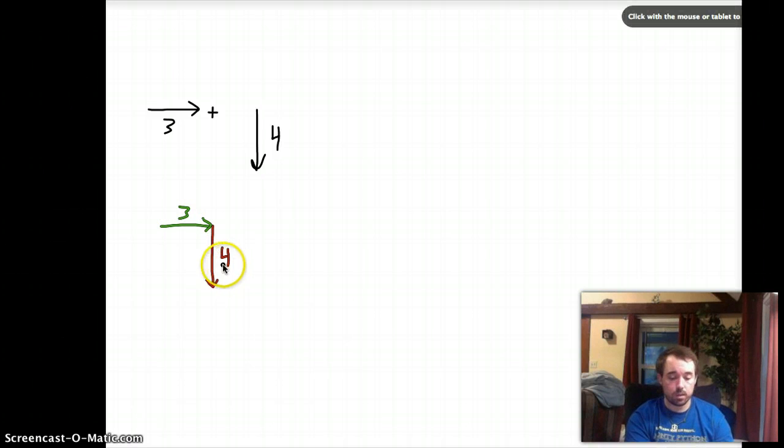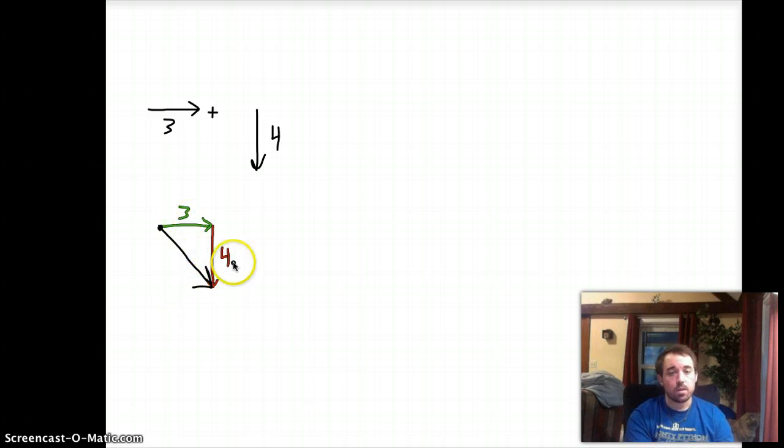So our result, once again, our resultant, start at the tail of 3, go all the way down to the tip of our second or final vector. So 3 plus 4, well, if you notice, this is a triangle, and in fact, it's a right triangle. So we have to use Pythagorean theorem.